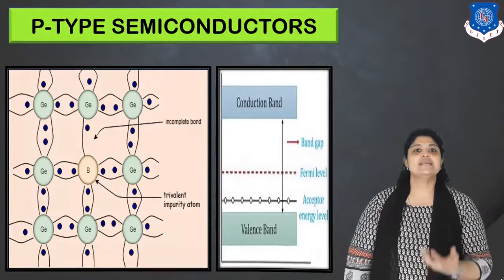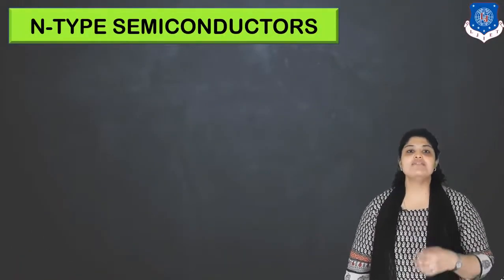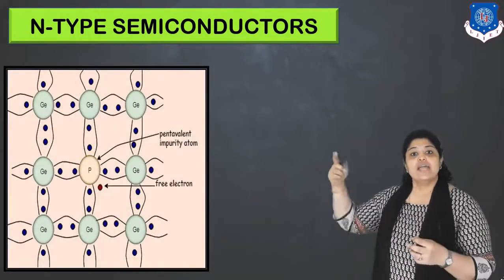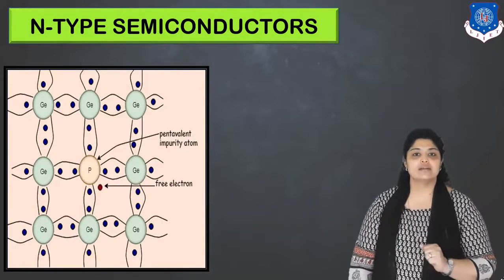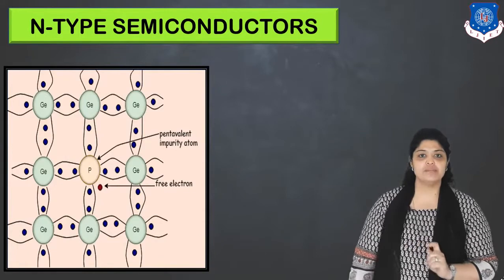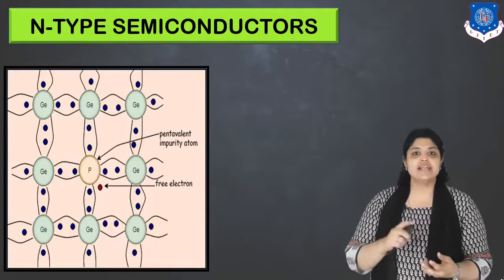Moving on to the next type of semiconductors, that is n-type semiconductors. Let's have a look at this diagram first. Here in germanium, you can see P, that is phosphorus, is added. Now we know that phosphorus is a pentavalent impurity. A pentavalent impurity means it has 5 electrons.